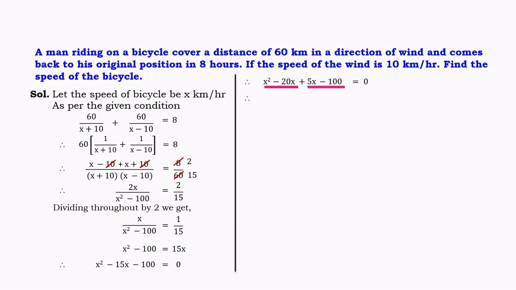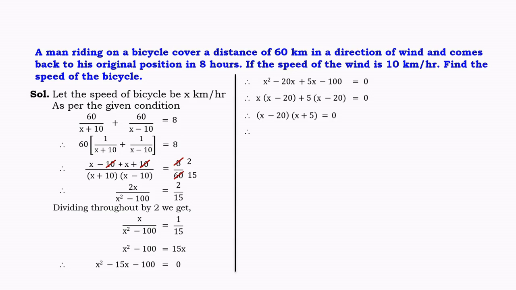Now, factor by grouping. Taking x common from the first two terms and 5 common from the last two terms, we get x multiplied by (x minus 20) plus 5 multiplied by (x minus 20) is equal to 0. Taking (x minus 20) as the common factor gives (x minus 20)(x plus 5) is equal to 0.